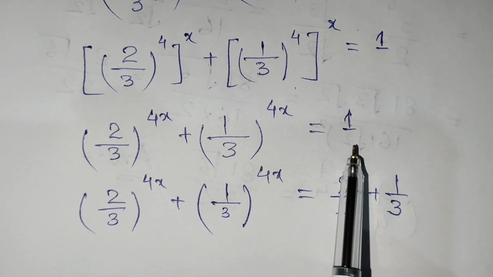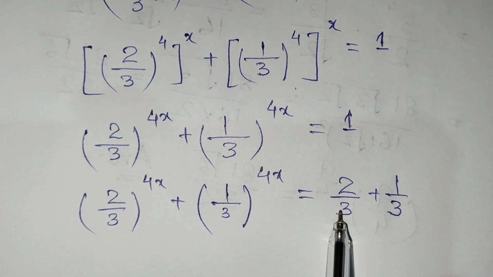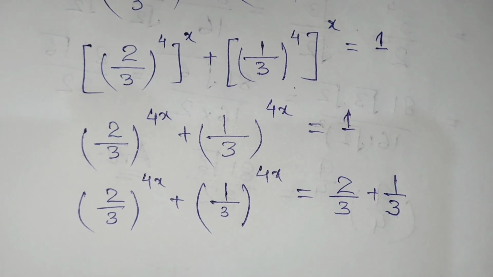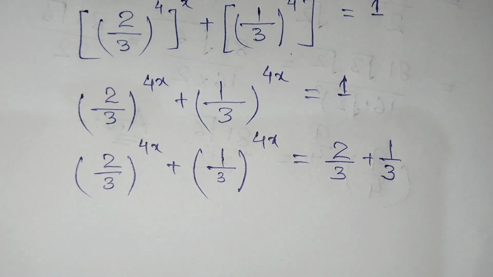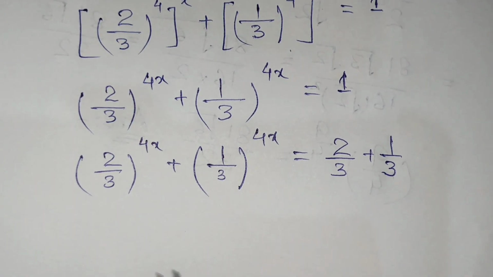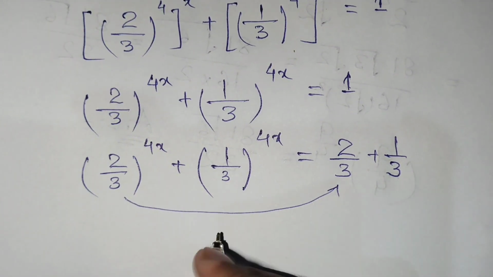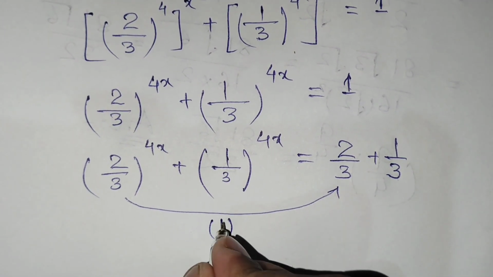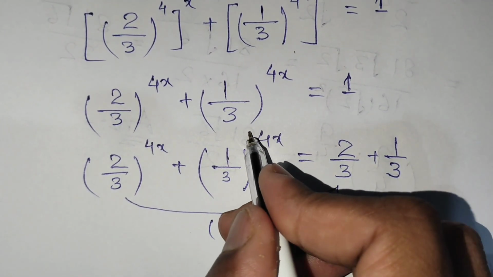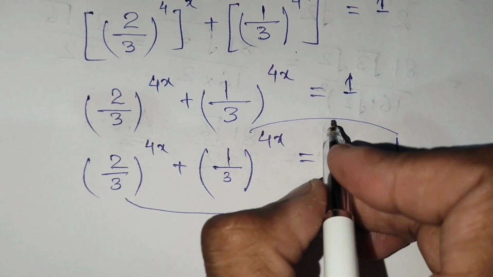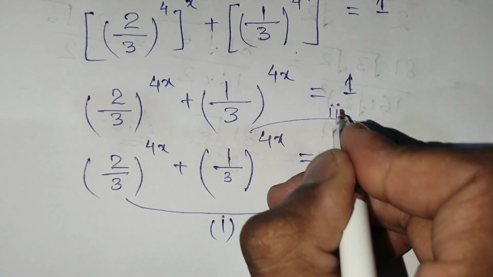So there is no issue if we write 1 as 2 by 3 plus 1 by 3. Now by comparing, we will take this into this as the first case and this into this is our second case.